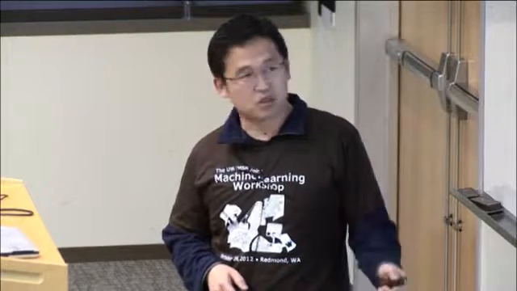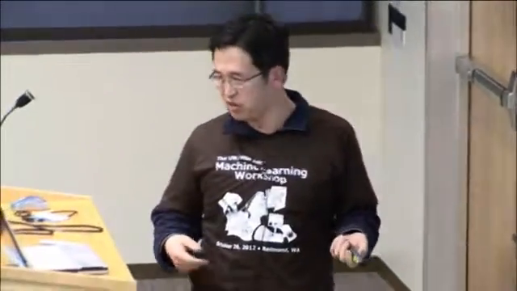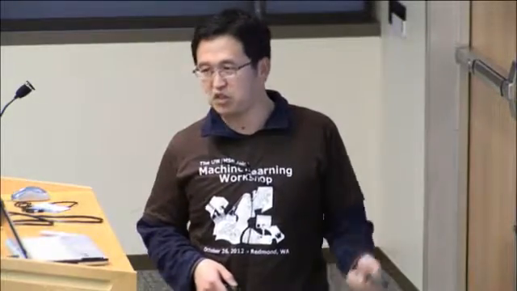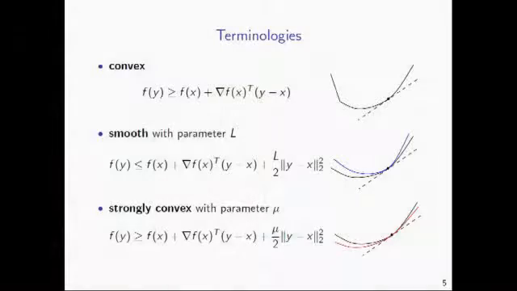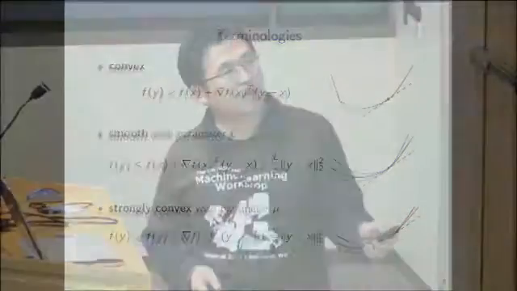If I say a convex function is smooth, it means that there's a quadratic upper bound of the function, the blue one, with parameter L. For example, you can take L to be the largest eigenvalue of the Hessian of the function if your function is differentiable. So this is smooth. Why is it called smooth?